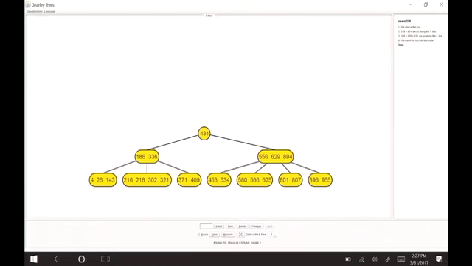Some questions you might ask yourself are, how many children are there for each node? And the way I'm going to ask you to show me that you understand the structure of this thing is, if I were to insert value 500 into this structure, where would it go?